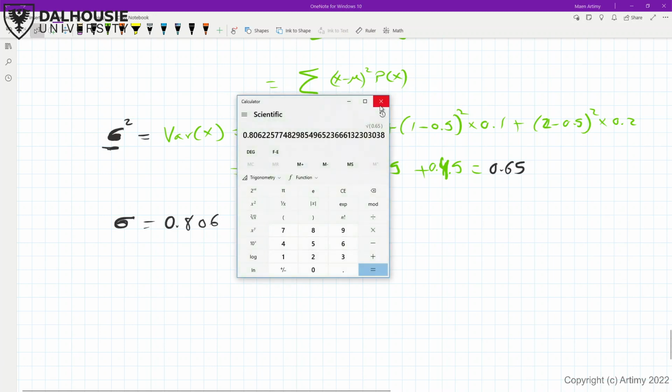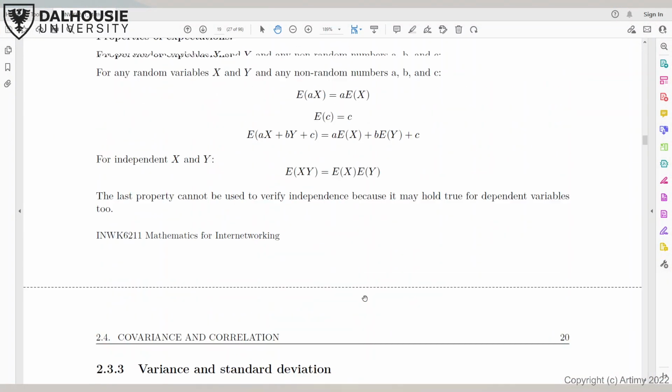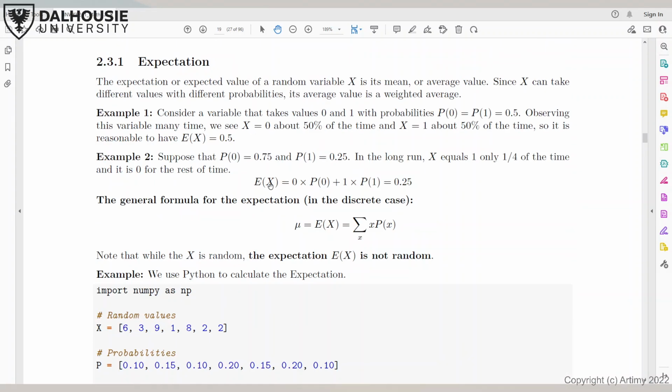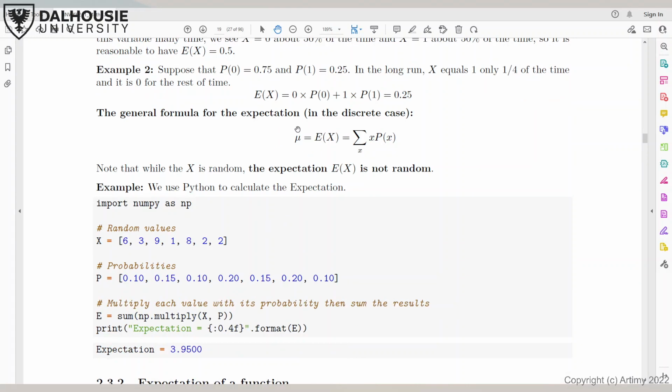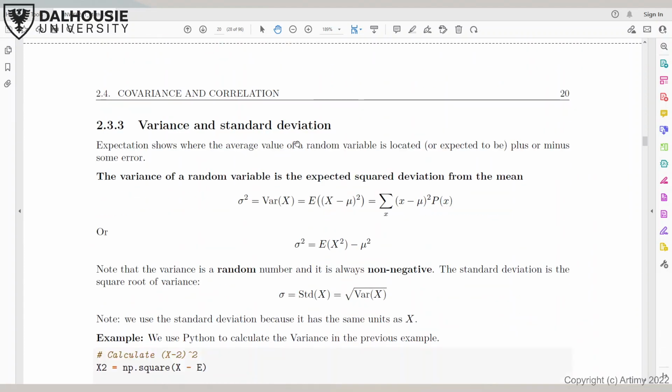Okay, so let's review what we learned so far. We learned about the expectation, and remember the mu, which is the symbol for the expectation of X. We talked about variance and standard deviation. So the variance is this formula: (x minus mu) squared multiplied by p(x), and you take the sum.